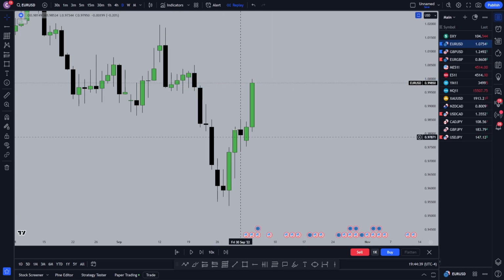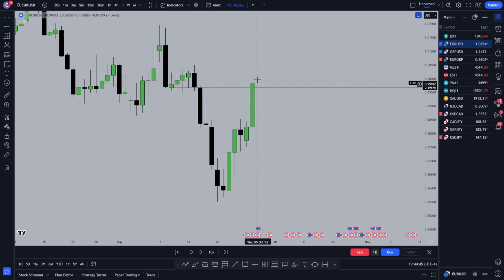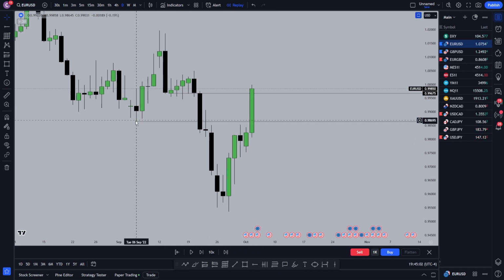Now I'll be looking for price to come back within this order block, give us a trade somewhere here, up here, and then as a target, I'm looking for, let's see, this breaker block area here, and then previous day's low.